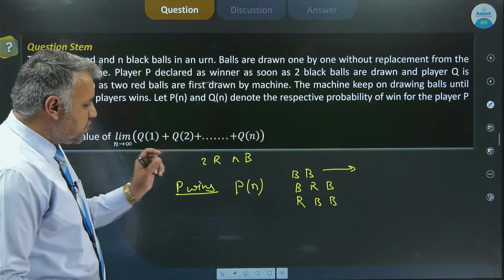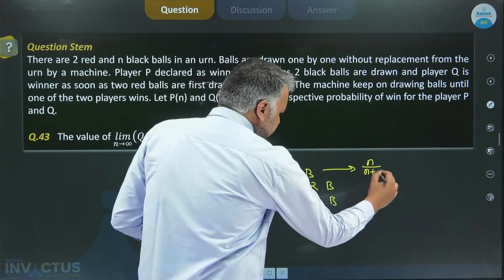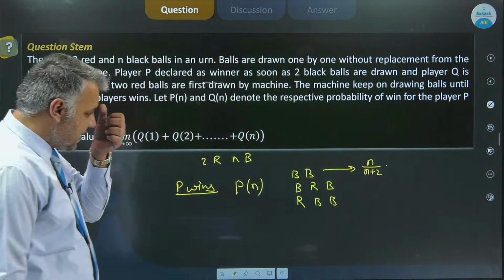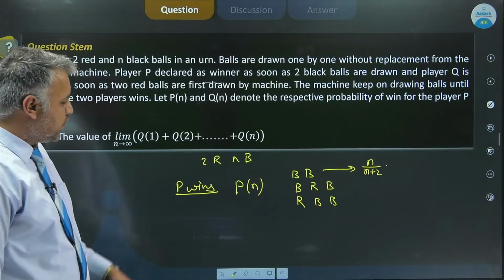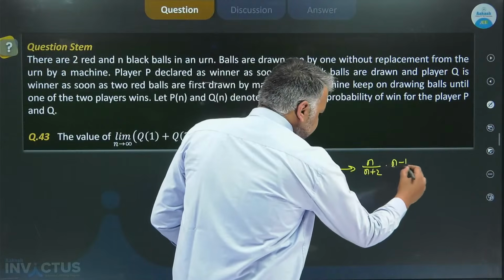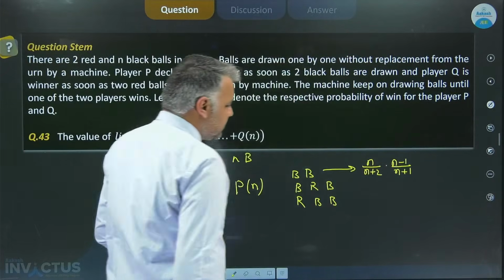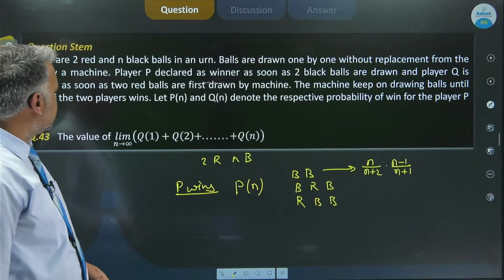So we can write the probabilities directly. If 2 black balls are drawn in the first 2 draws, then on the first draw, the probability of drawing a black ball is n divided by n plus 2. On the second draw, there will be n minus 1 black balls remaining and a total of n plus 1 balls, so n minus 1 divided by n plus 1. That is drawing 2 consecutive black balls.